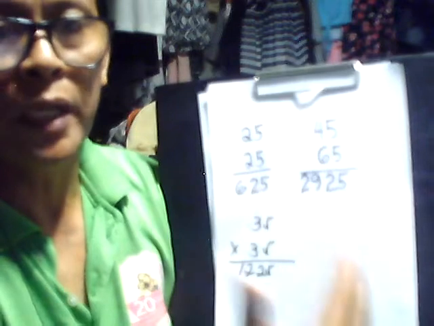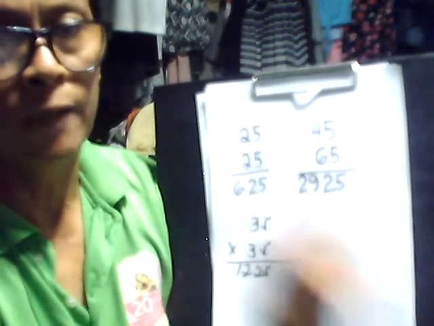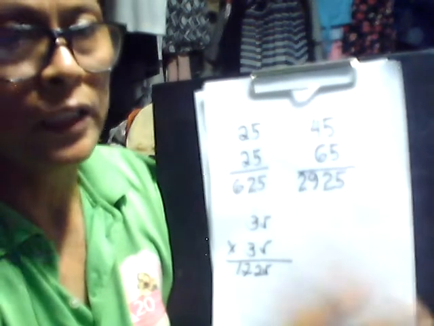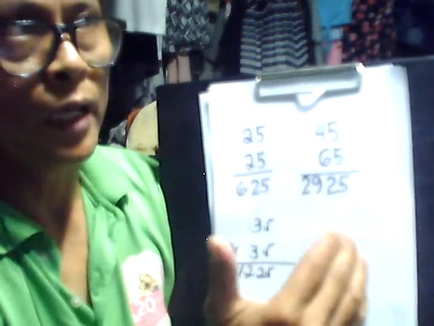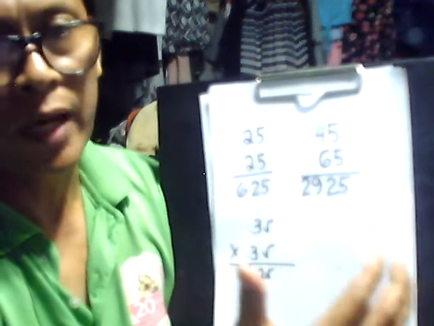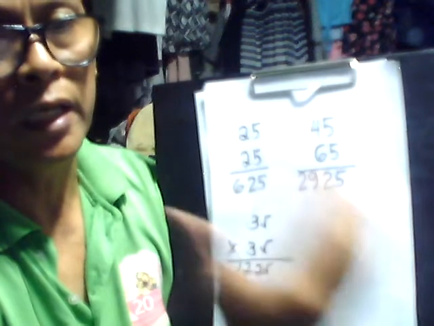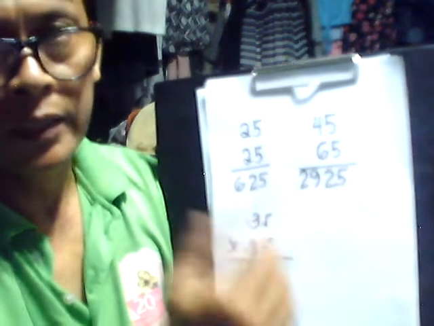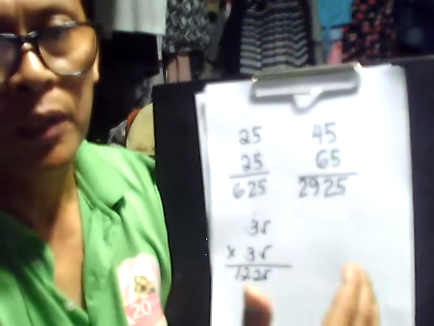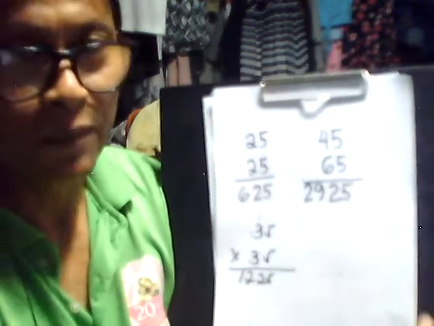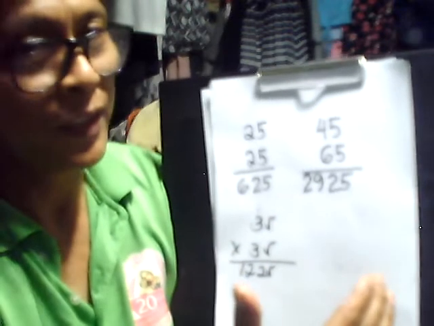So you are going to place 75 for the last two digits. Another example: when you multiply 85 times 75, the tens digits are 8 and 7. 8 plus 7 is 15. 15 is an odd number. So you're going to place 75 for the last two digits of the answer.